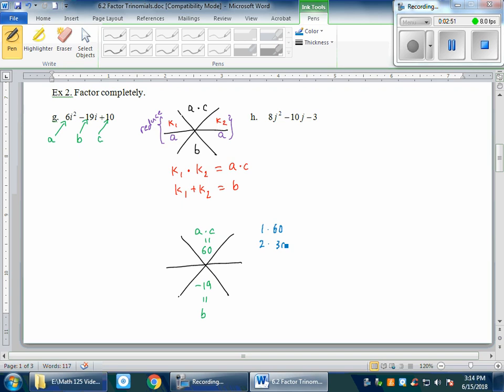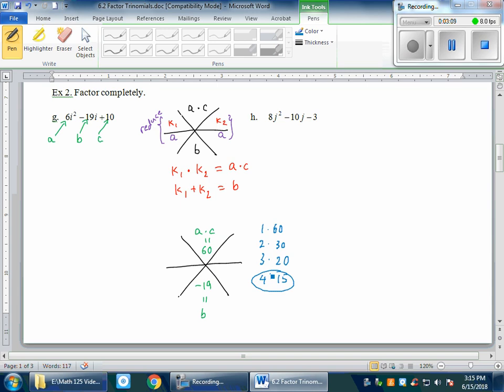With the help of the calculator, we should be able to find very quickly what numbers go into it. So it'll be 3 times 20, 4 times 15, and now we found it.